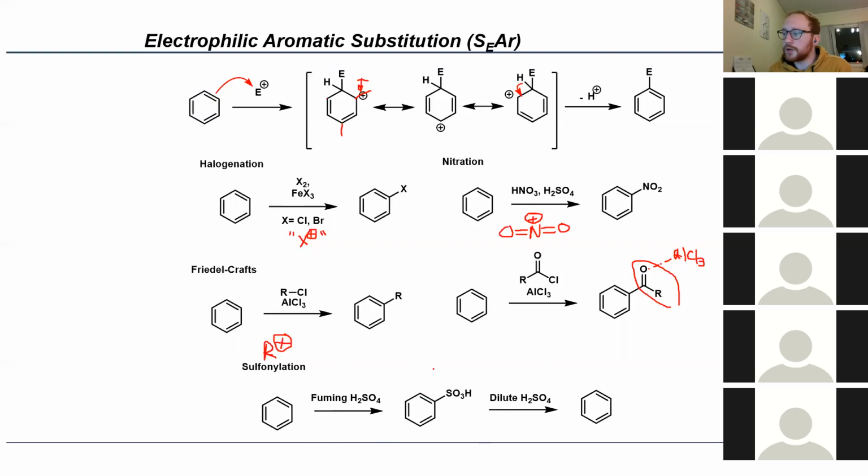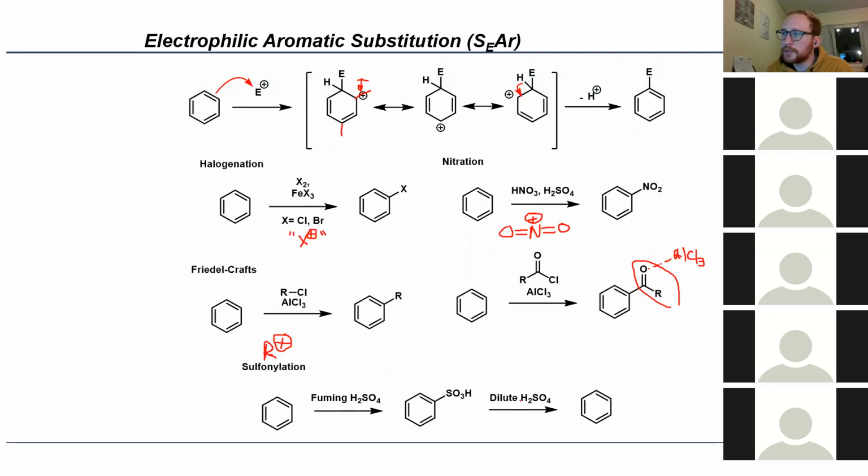You can put on a sulfonyl group using fuming sulfuric acid, and then you can remove it using dilute sulfuric acid in water. And so this is a very useful group for us to be able to install, maybe block a position, and then we can also remove it. So that is a very useful reaction.